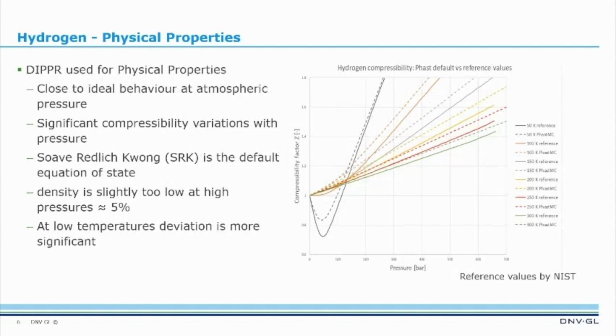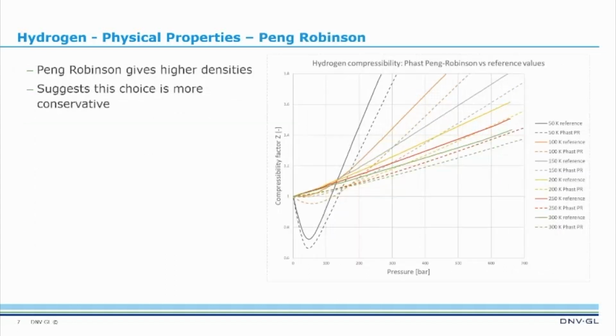Or if we look at the next slide, we can see that if you switch to Peng-Robinson, the trend is slightly the opposite way. So the Peng-Robinson is going to give compressibility factors that are a bit too low. And so you could argue that this is a more conservative choice when modeling source terms. You tend to get probably higher flow rates and higher masses released.